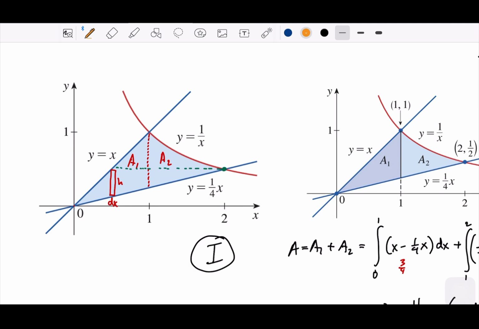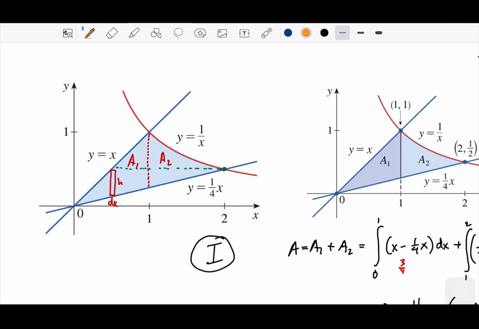So the first area, the area 1, this is the curve on the top. This is on the bottom. For area 2, now it changes to the red curve on the top, and still the same on the bottom. So A1 plus A2. And then the endpoints of the integration will also be changing.